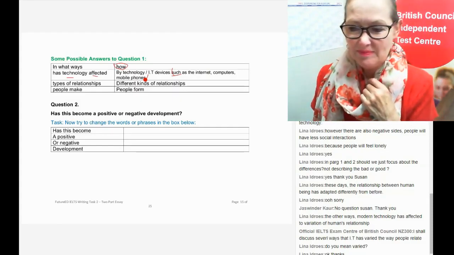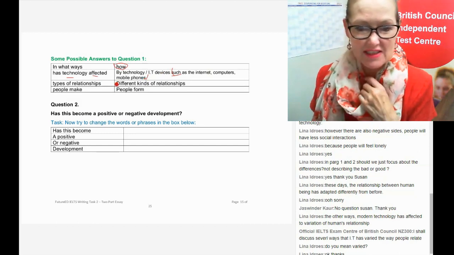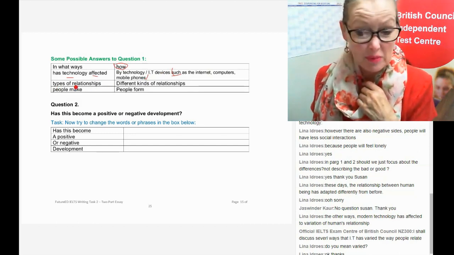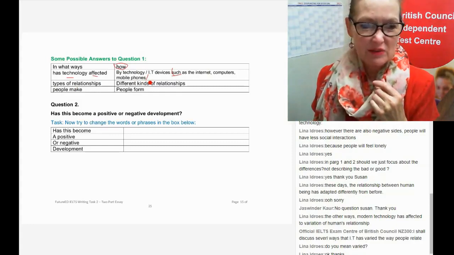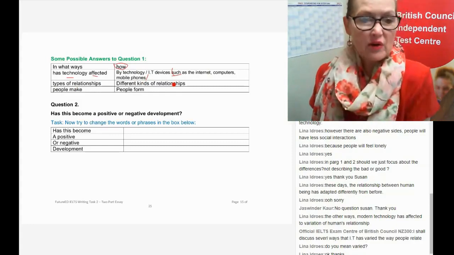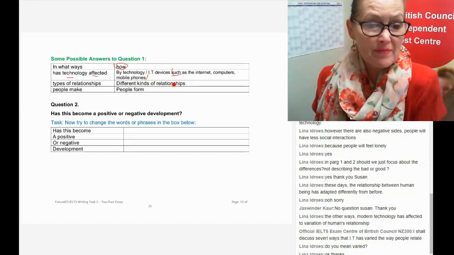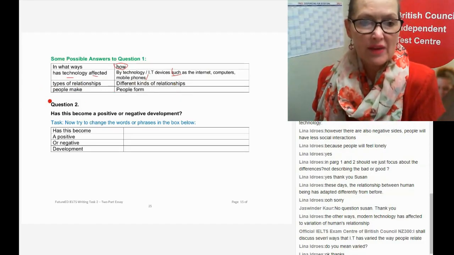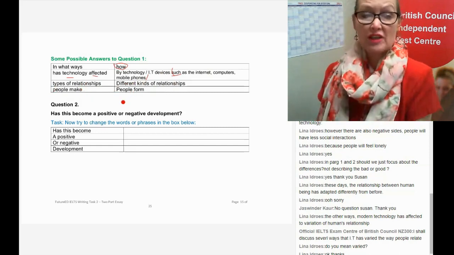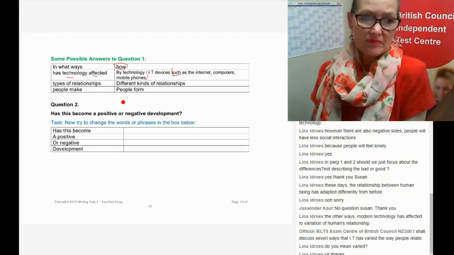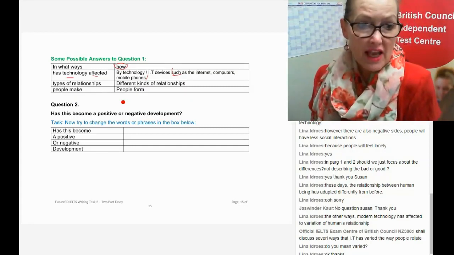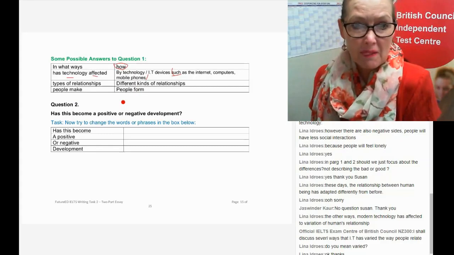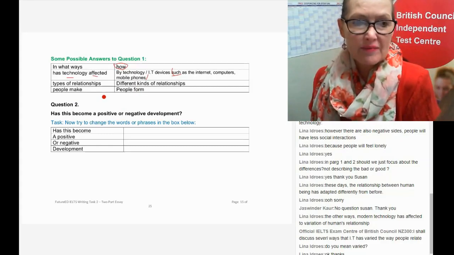Here we go, let's go on to the next slide. I've popped that in the box for you, Lena. Let's have a look at what I've written here. For our question number 1, in what ways? This word, in what ways, there's that little word how again. I'm going to discuss how technology has changed. How, in what ways has technology affected? So we're looking at the words technology and affected.